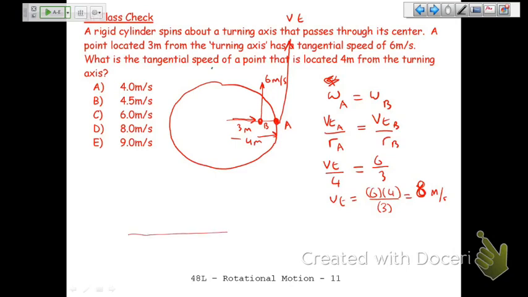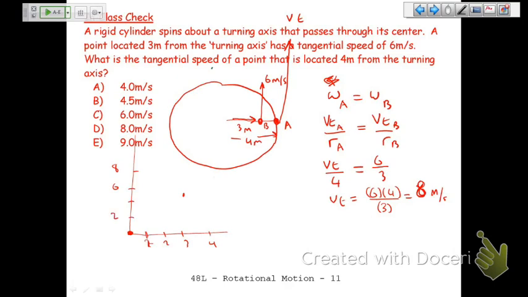If you plot a graph of this, 1, 2, 3, 4. I know at 0, in the middle of my circle, I got no tangential velocity. As I go out, at 3, I had a value of 6. And at 4, I had a value of 8.